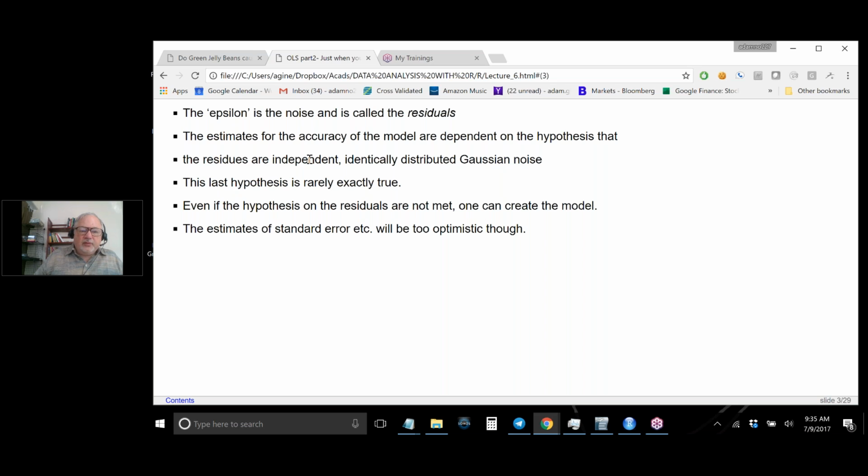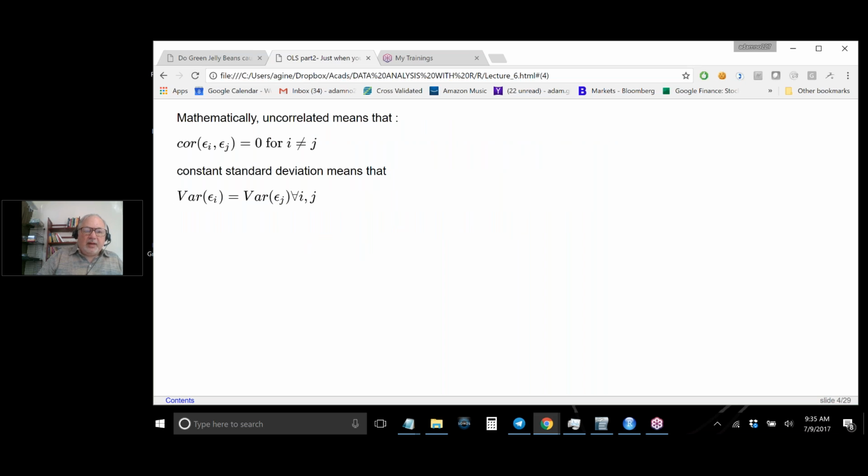They're all normal with the same mean of 0 and identical variance. This hypothesis is essentially never exactly true, but even if the hypotheses on the residuals are not met, one can create the model. The problem will be that the estimates of how accurate the model is will be too optimistic, but more on that later.